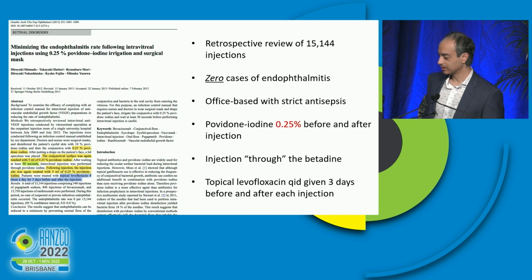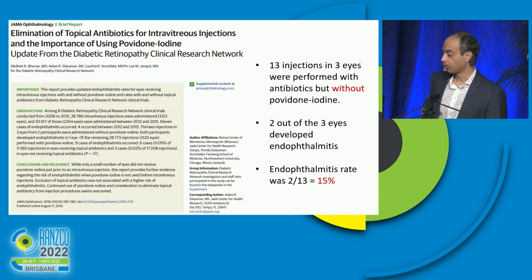You're probably getting really confused by now, but this series from Japan used just 0.25%, which is a very low concentration. No cases of endophthalmitis out of 15,000 injections. What we do know is that if you don't use antisepsis, it's just a matter of time before an eye is going to get endophthalmitis.